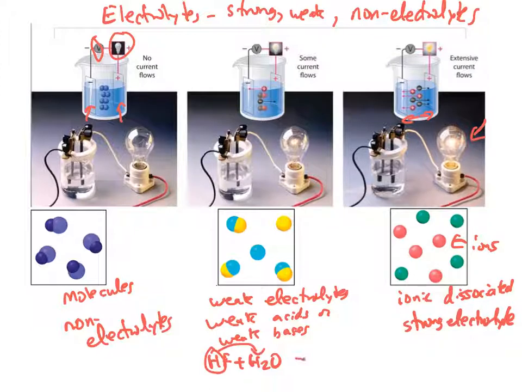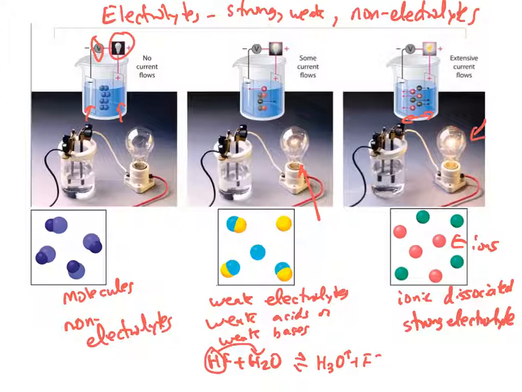So the HF can donate a proton to water to make H3O+ and leave behind a fluoride ion. It only does it partially, less than 1%. But a little bit of ions are formed in solution, and so that light bulb does burn ever so dimly, but it does burn. So that's a weak electrolyte.